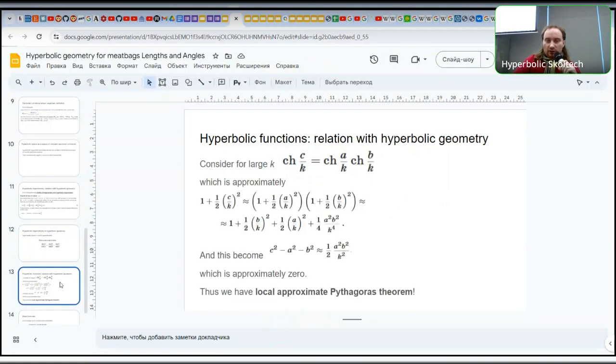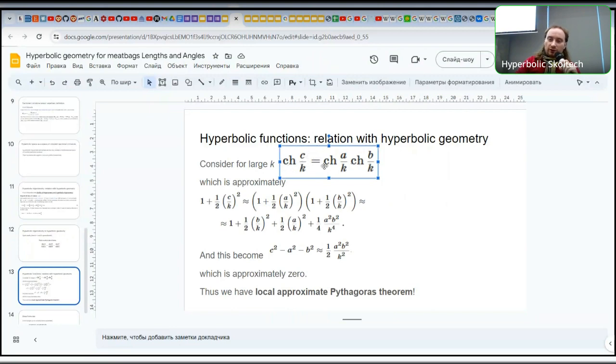And for large k, this is a hyperbolic Pythagoras theorem analog for a hyperbolic triangle with sides a and b relative to the right angle, and hypotenuse c.